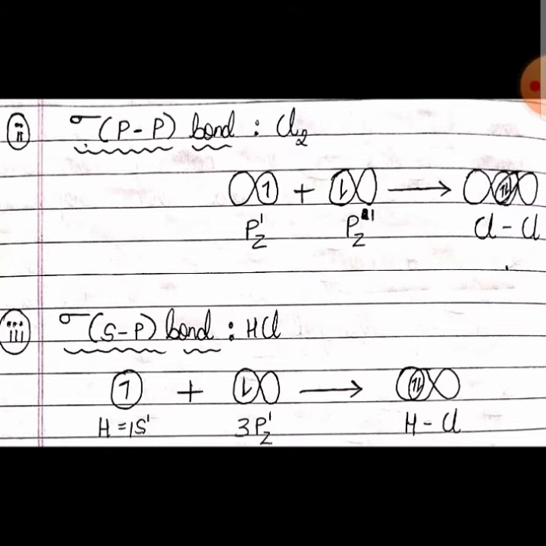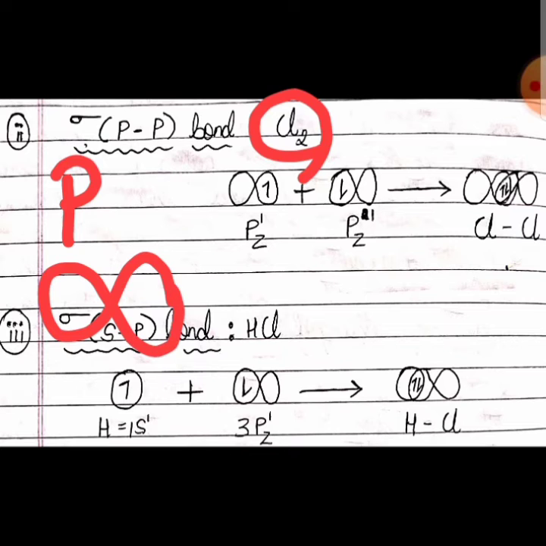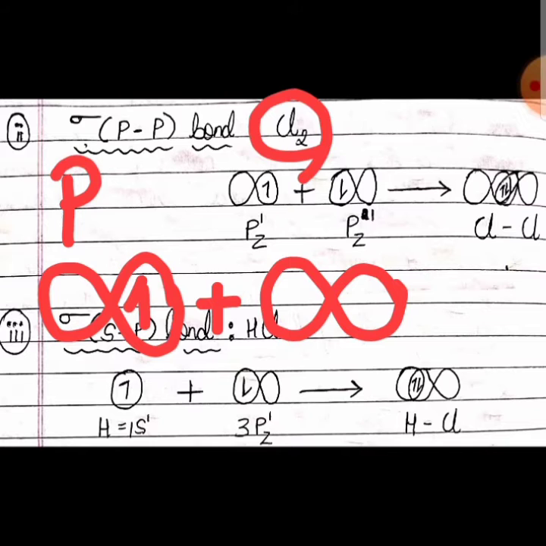In chlorine, the unpaired electron is present in a p orbital, and the p orbital is dumbbell shaped. This half-filled p orbital having one unpaired electron is going to overlap axially with the p orbital of another chlorine atom.